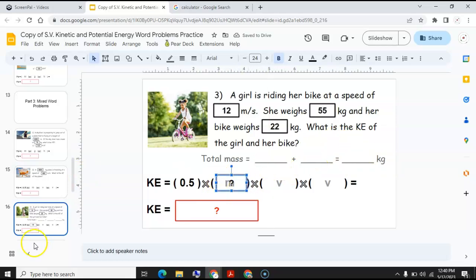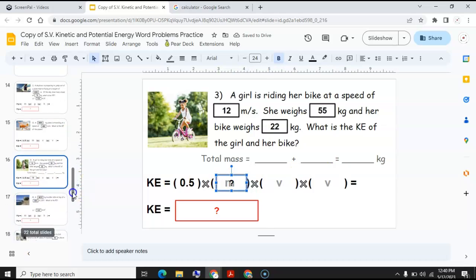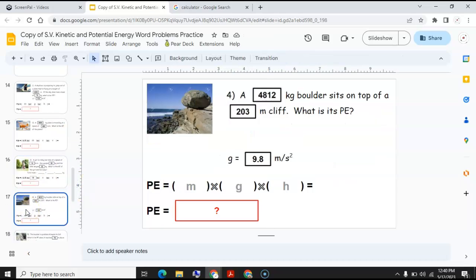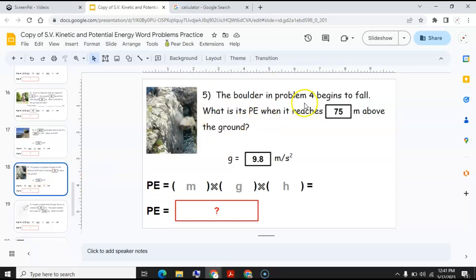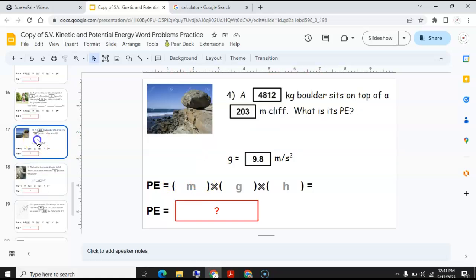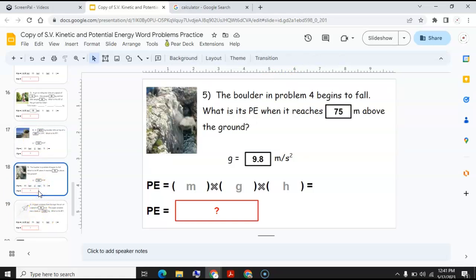All right. The other thing I wanted to point out, slide number 4 talks about a rock that's on a cliff. The mass of this rock is 4,812 kilograms. In subsequent problems, like in slide number 5, you're using the same rock that's on slide number 4. So to get the mass, you go back to slide 4, question 4, and you would copy that and use that here for number 5, okay?